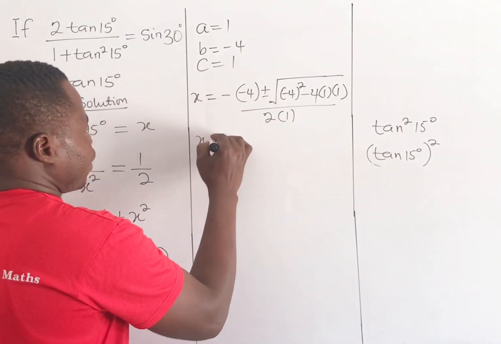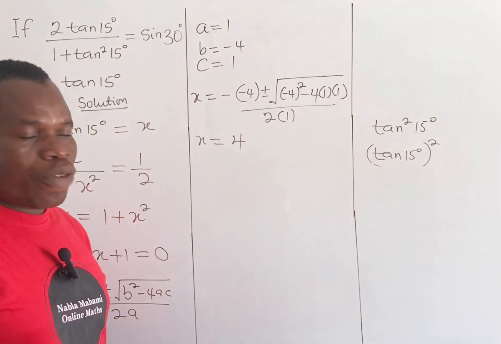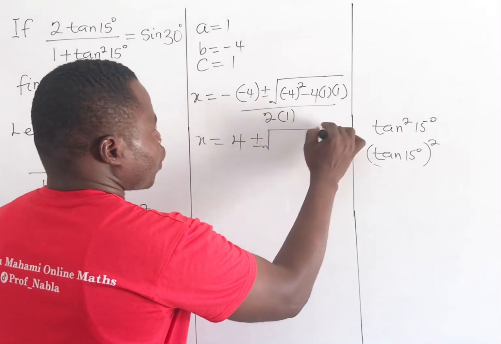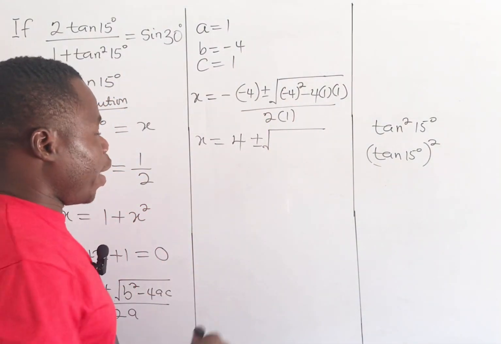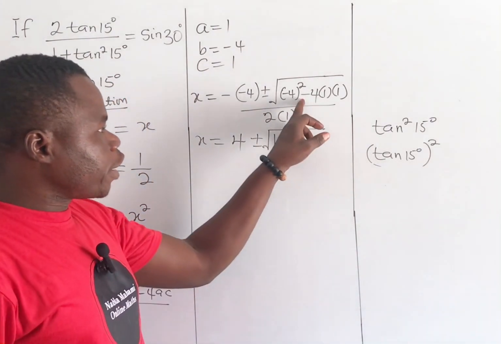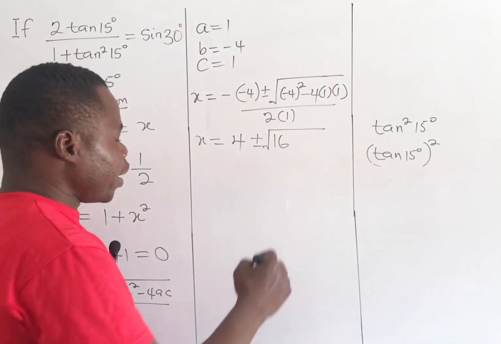I will now have x is equal to negative is positive now. That will be positive 4, plus or negative square root, minus 4 square will give me positive 16. Negative 4 times 1 is negative 4 times another 1, which is still negative 4.